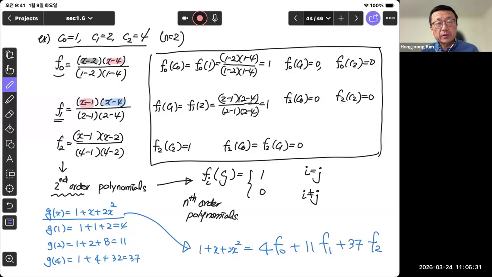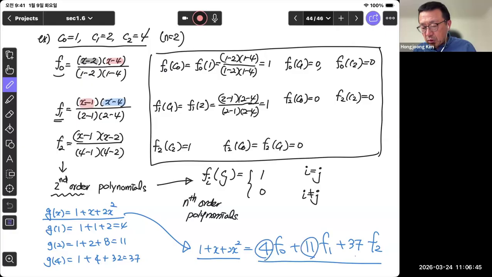Okay, so that's the result of that example. So any polynomial in the space can be written as a linear combination of those three polynomials, and those three coefficients used in this expression can be easily found. We can just evaluate the polynomial at the given c0, c1 or c2.